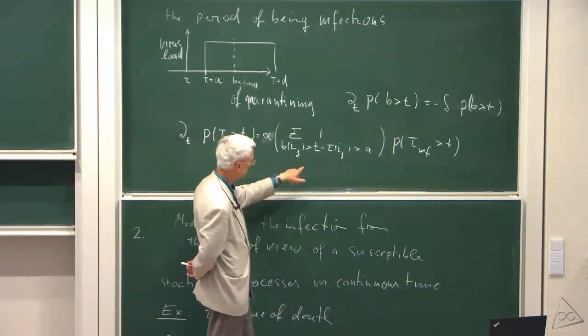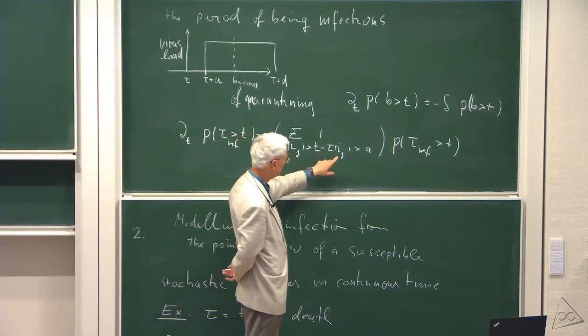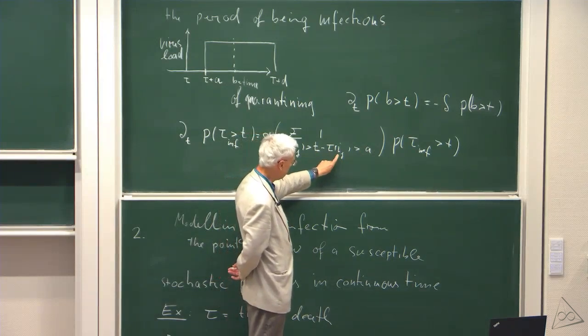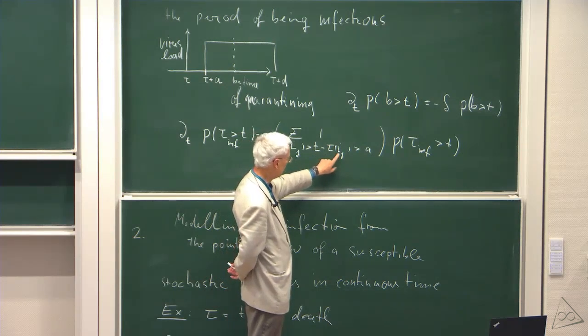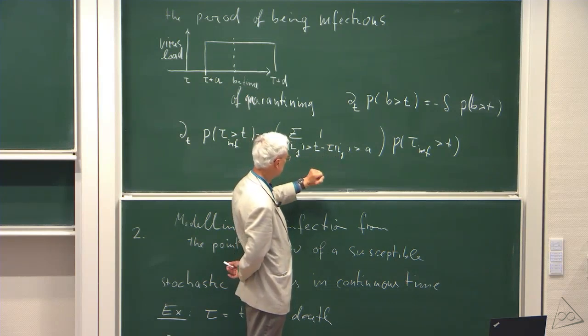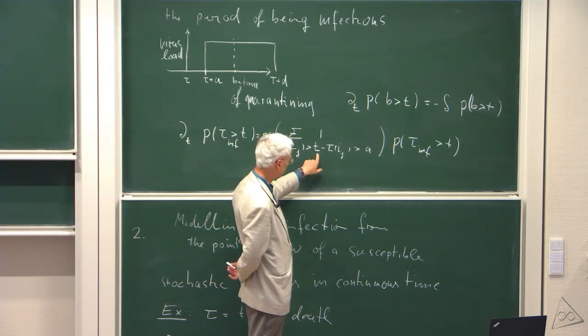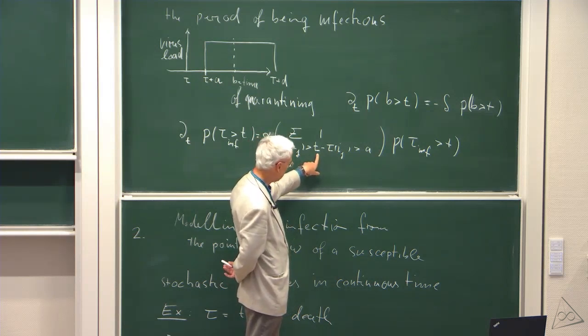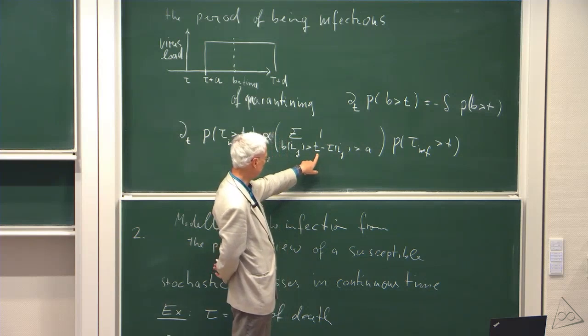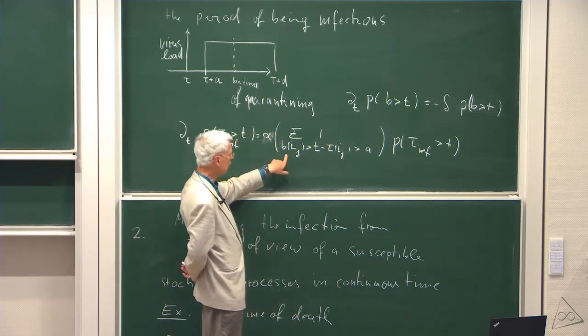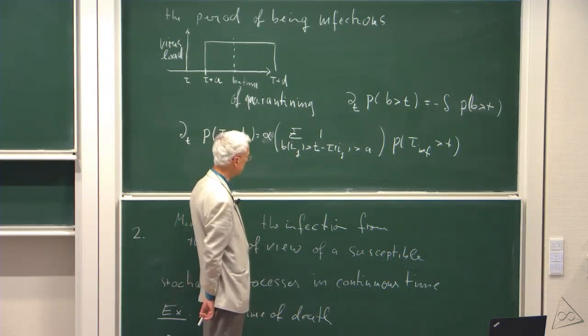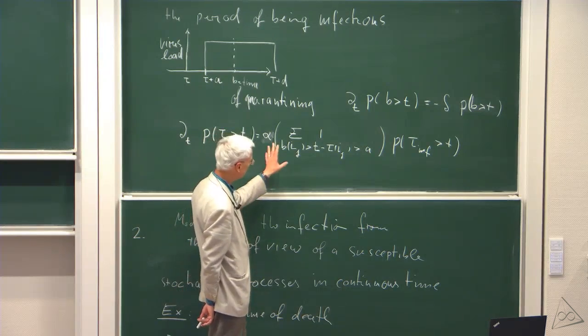So you are infectious if, for you as an individual, that's what I call tau ij, your tau, the time of infection, is smaller than t, but not only smaller than t: tau plus a has to be smaller than t.